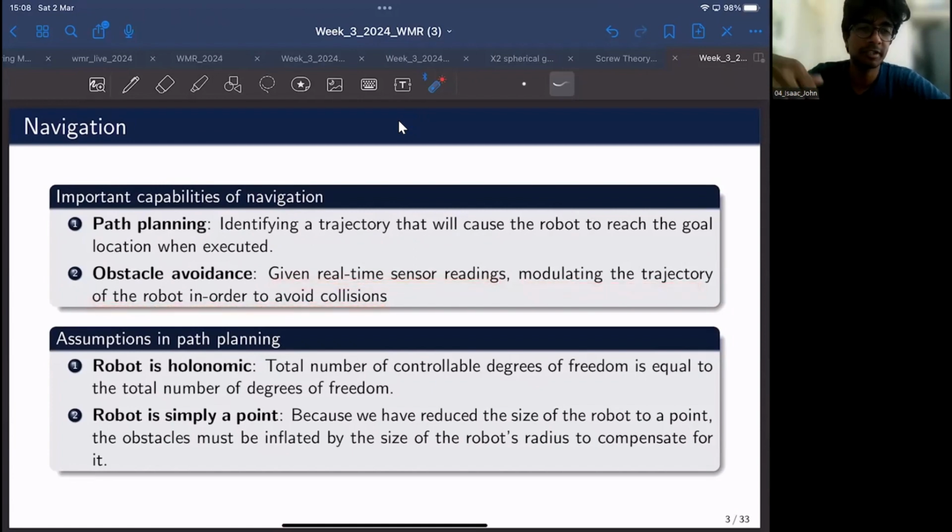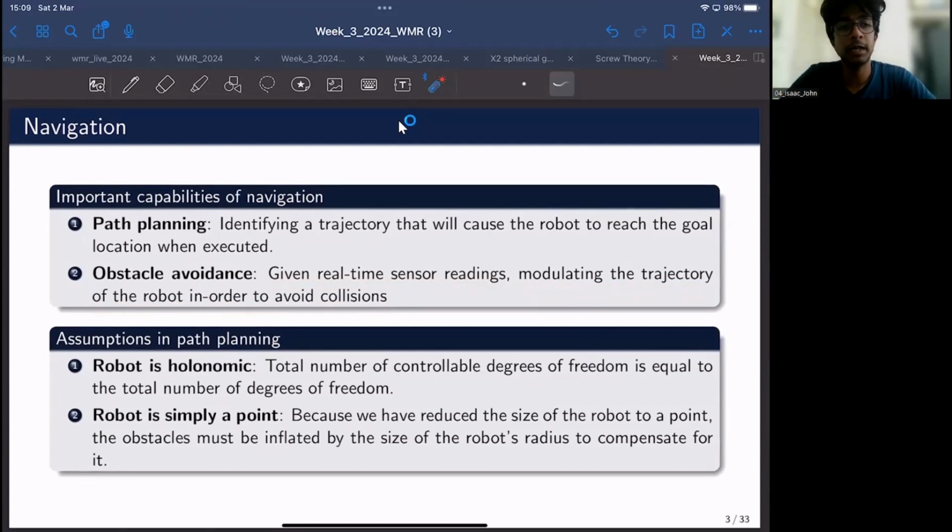Maybe the obstacles are dynamic. When the robot was doing its localization and map building, there may not have been any obstacles at that time. But you could assume the obstacles could be dynamic, changing their location as a function of time. So as the robot is moving through its planned trajectory, the sensors may sense some obstacles or foreign objects.